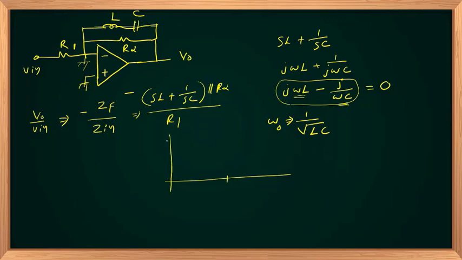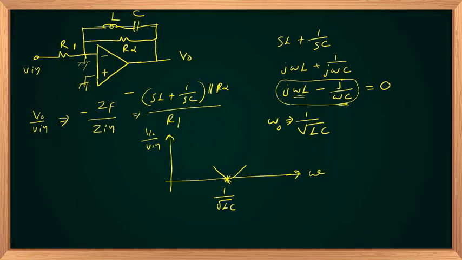So in your frequency characteristics, V out upon V in versus omega, at omega equal to 1 by root LC, you will have a dip in the voltage gain.